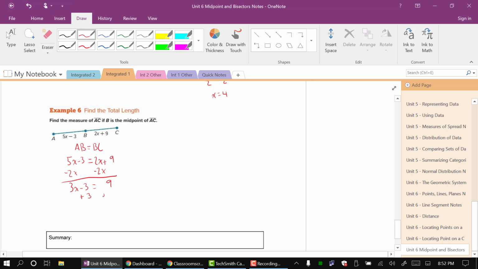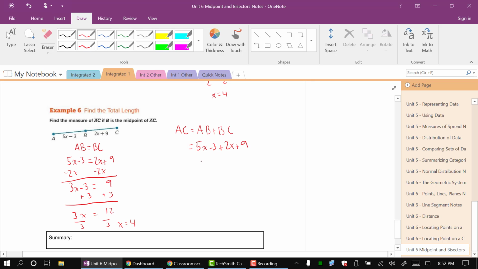Add 3 to both sides. That gives me 3x equals 12. Divide by 3. x equals 4. And again, I want AC. So to get AC, I'm going to add AB plus BC. Well, AB is 5x minus 3 and BC is 2x plus 9.